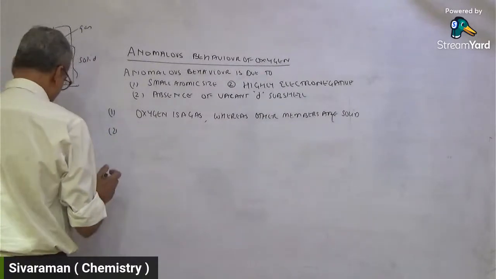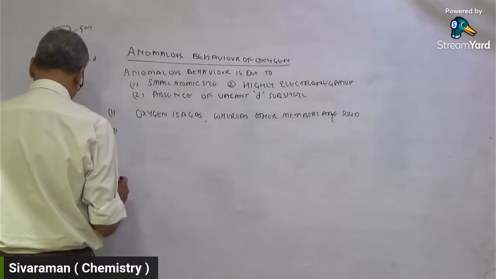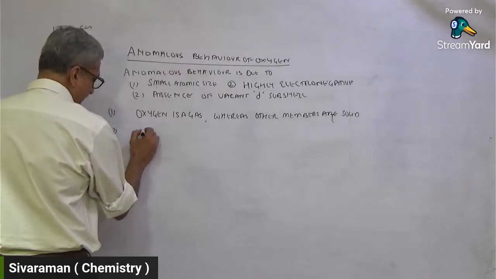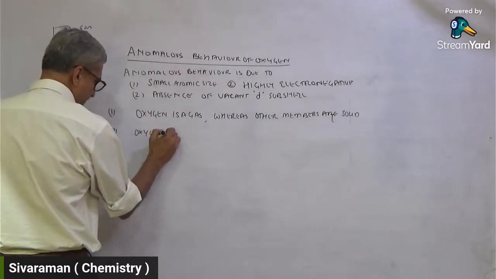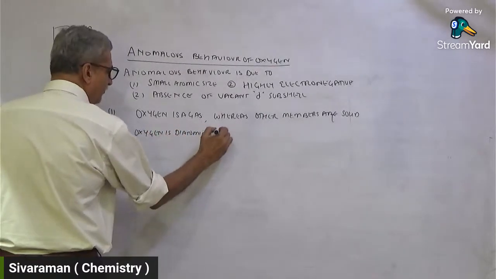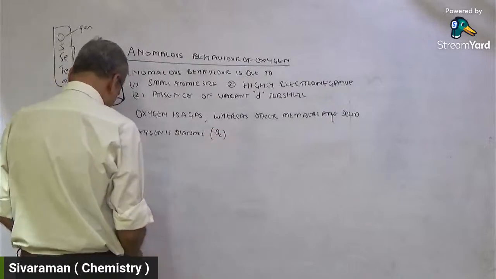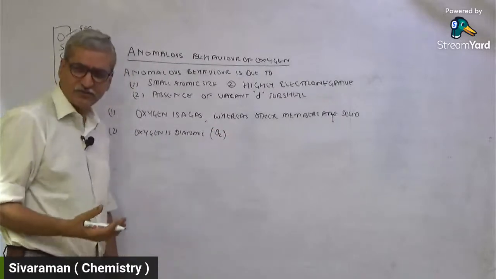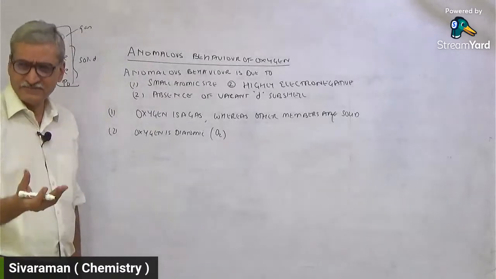Oxygen is diatomic. So we have O2. Oxygen is diatomic, so dioxygen. That's why, when I say oxygen, I am saying dioxygen.